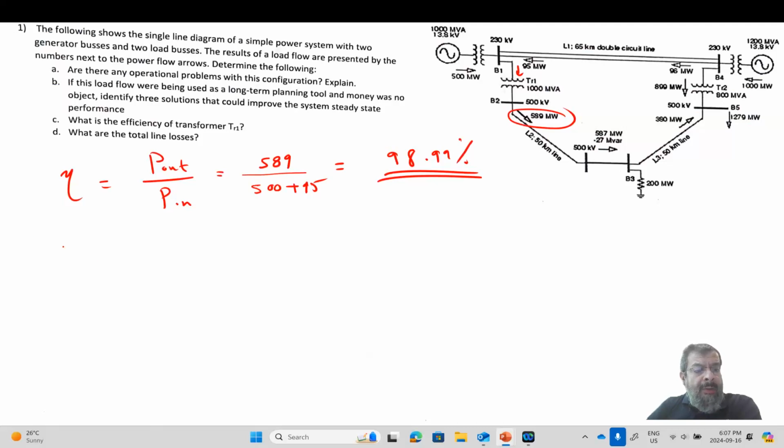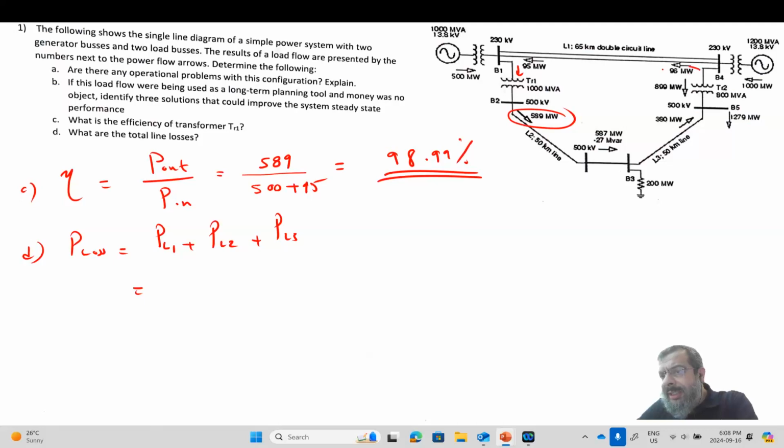What is the total line losses? This is part D. We have three lines, so the power loss of L1 plus the power loss of L2 plus the power loss of L3. For L1, we start with 96 and end up with 95 megawatt, so we lost 1 megawatt.